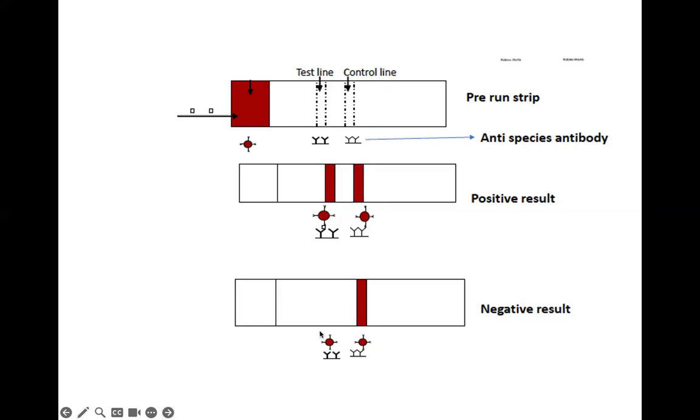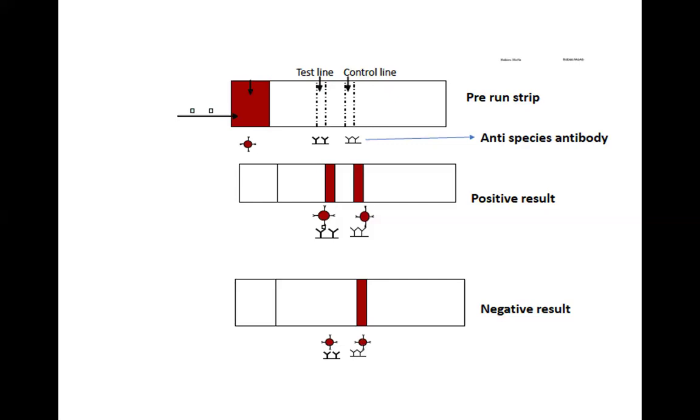So if there is no interaction with the capture antibody in the test line, there shouldn't be any color or any signal generated in the test line, whereas the control line has to be there because this indicates that the lateral flow is working. It's not damaged or broken.